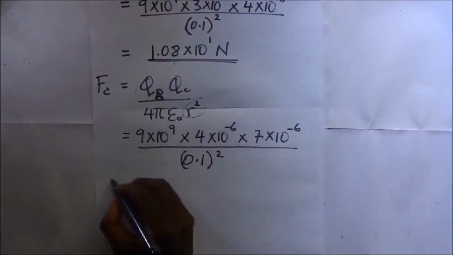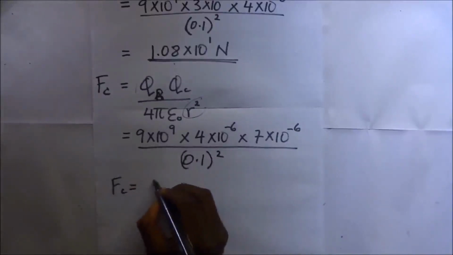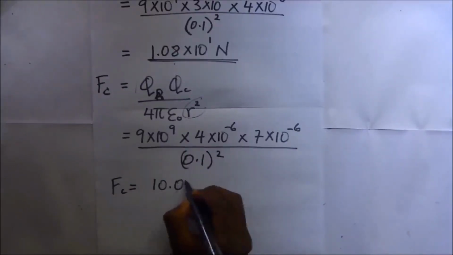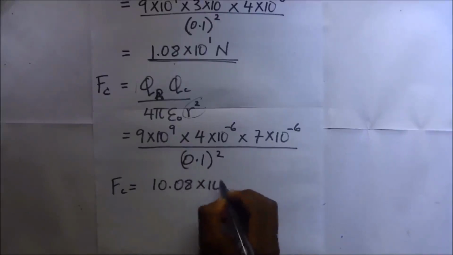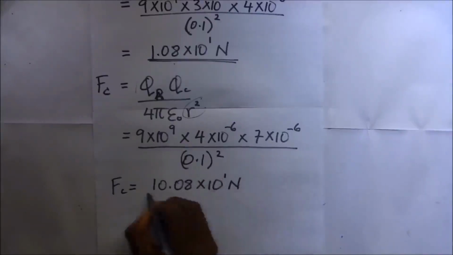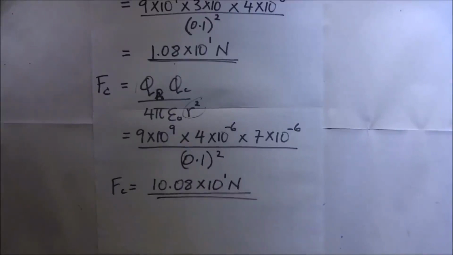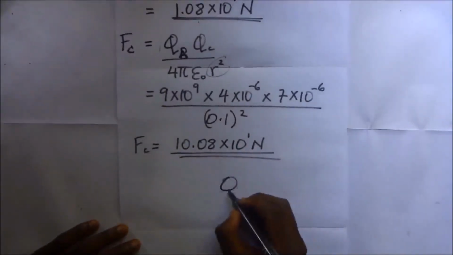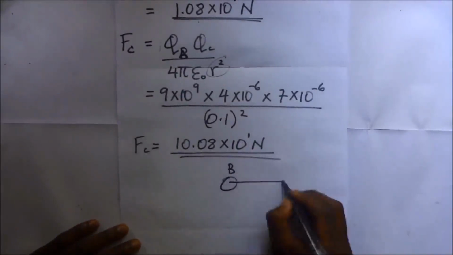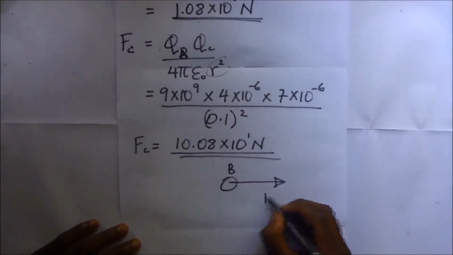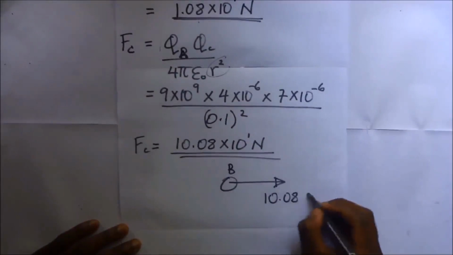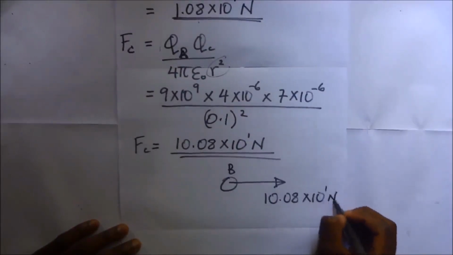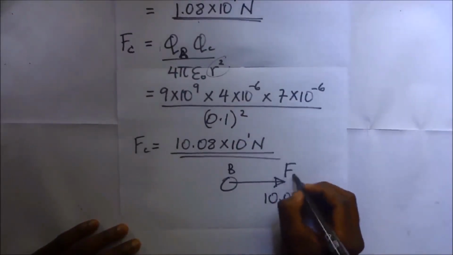And our answer here for FC is going to become 10.08 times 10 to the power 1 newtons. So we are having our particle B. Our particle B is experiencing a force in that direction of 10.08 times 10 to the power 1 newtons. That is the force due to particle C.